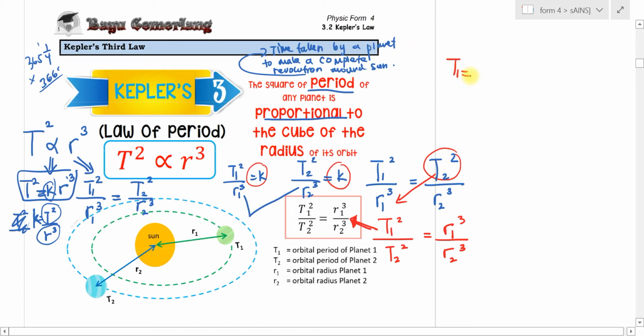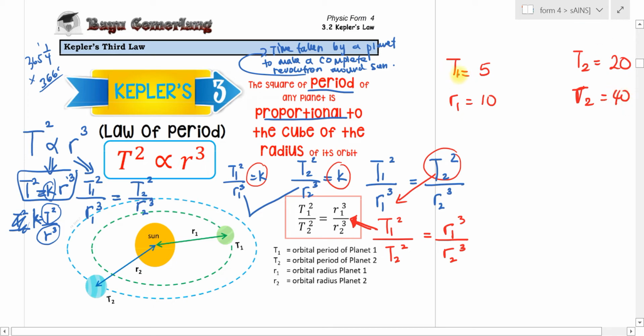T1, let's say I get 5. For R1, I get 10. For T2, let's say 20, and R2, let's say 10, so 40.